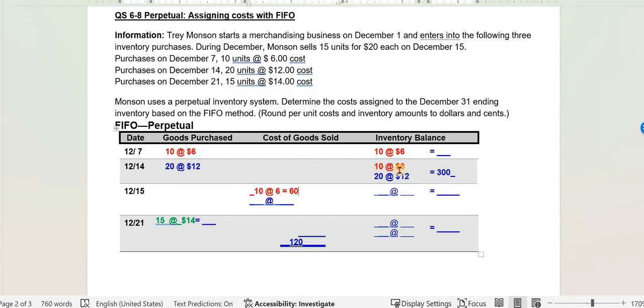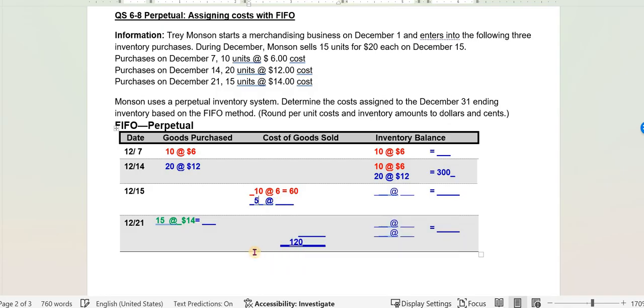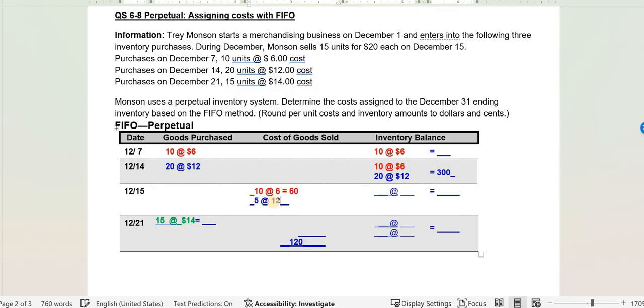Well, I sold 15, so I've used up all of them. I have to go to my blue layer and use up 5 of them. And they cost $12 each. 5 times 12 is also $60. Why do I do that? To make the math easy, huh? So what's our cost of goods sold? $120 right there.